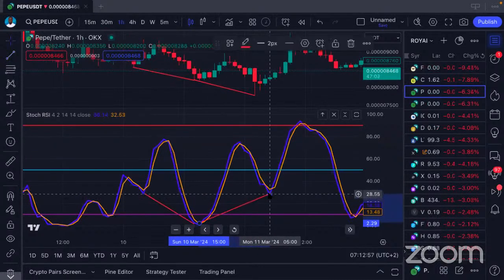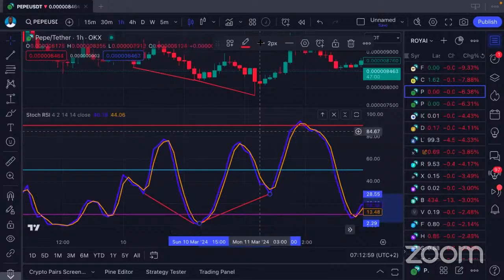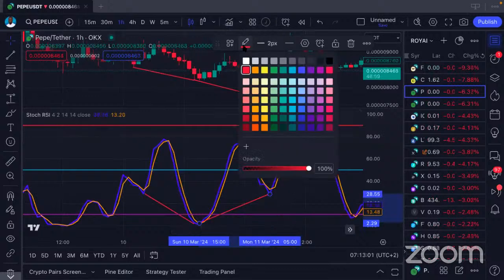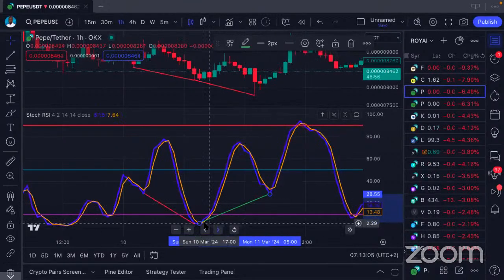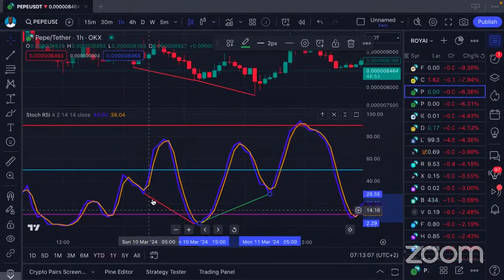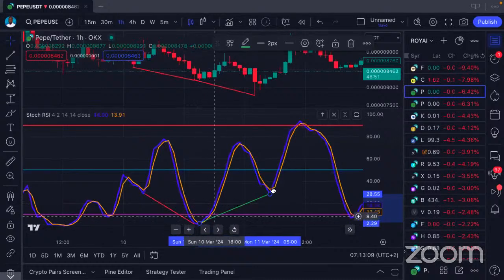According to our discussion, when you discover one that changes, you turn it to green. From here to here it was continuing to move down, but from here to here, we can see the divergence.